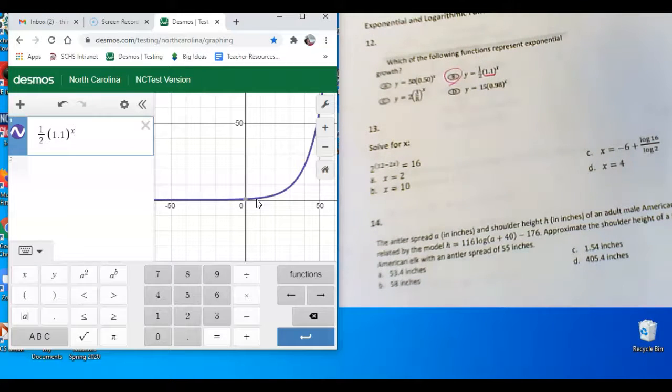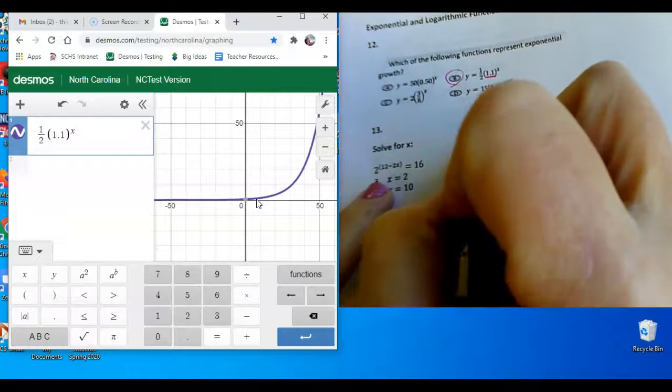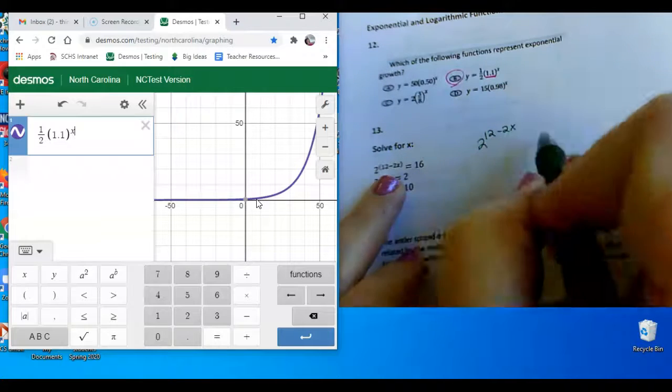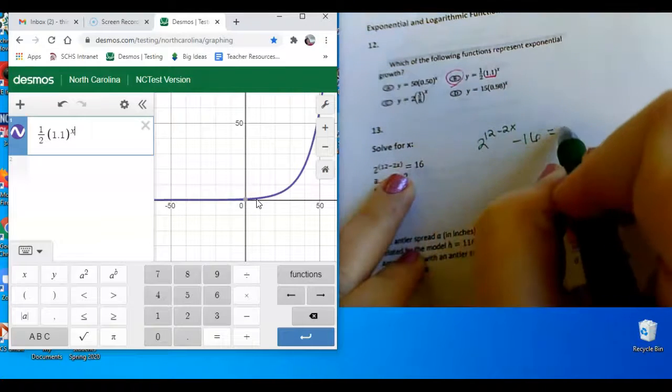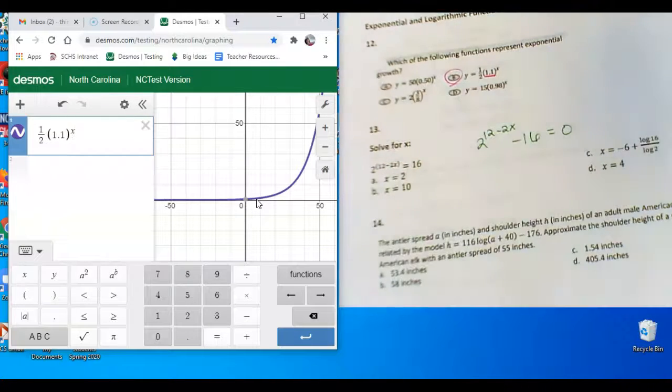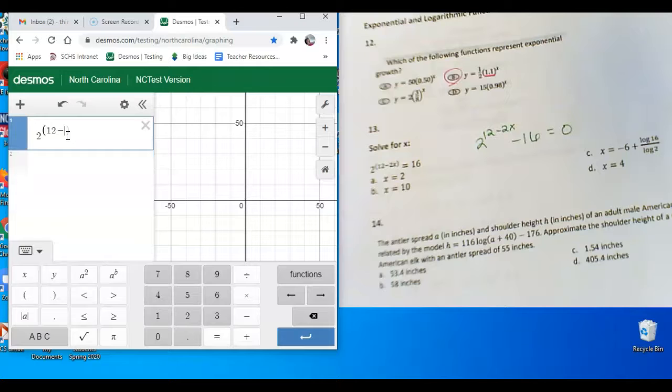Number 13. On Desmos, I would again graph this: 12 minus 2 to the X, subtract 16, and see where that equals 0. Anytime it asks me to solve an equation, I'm probably going to graph it.